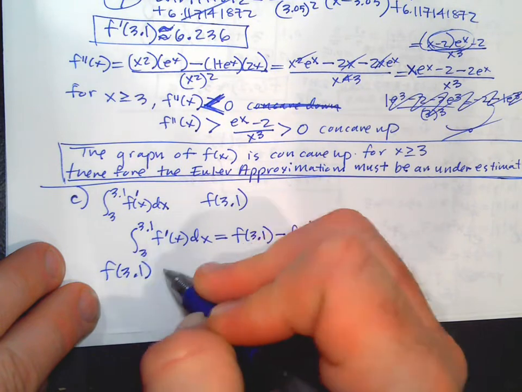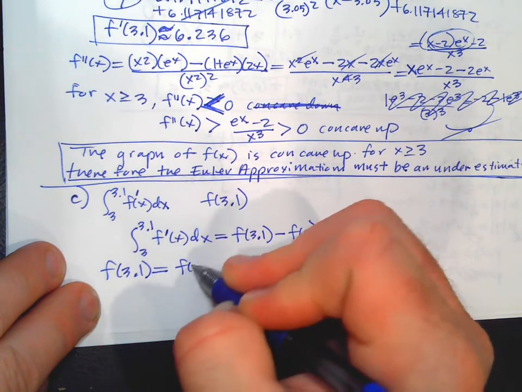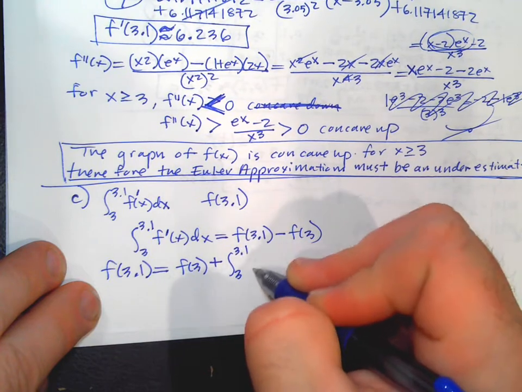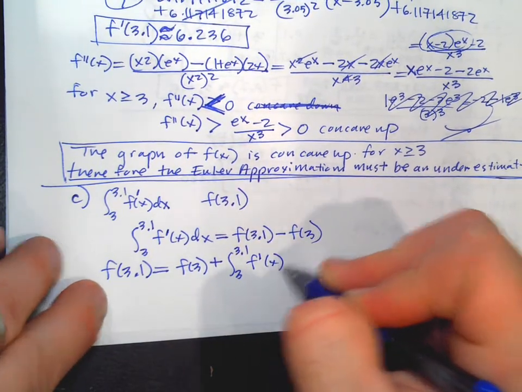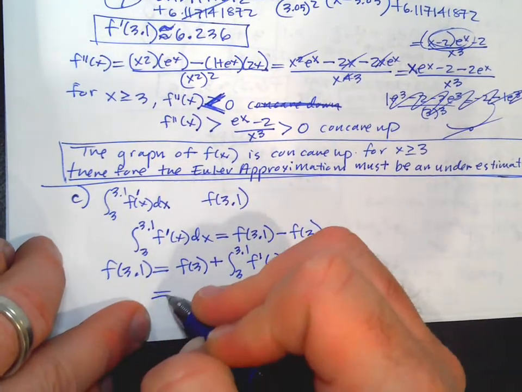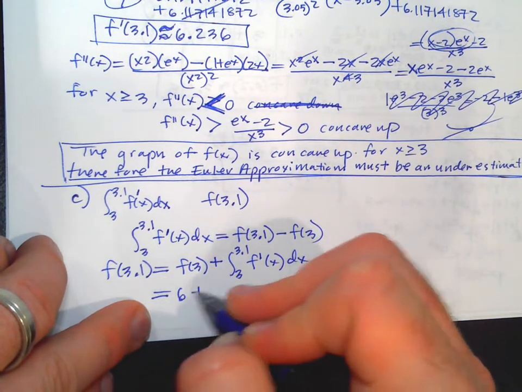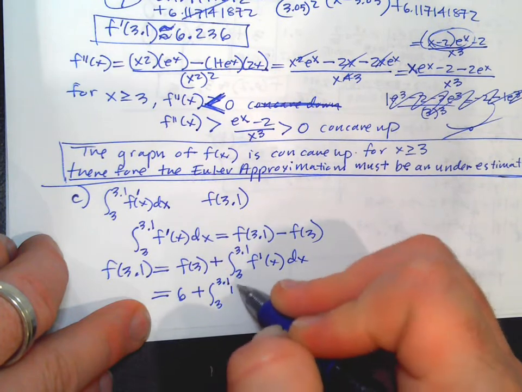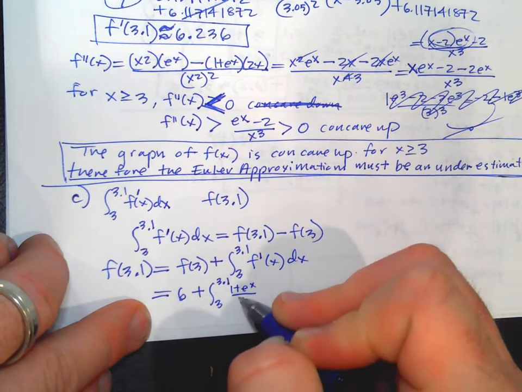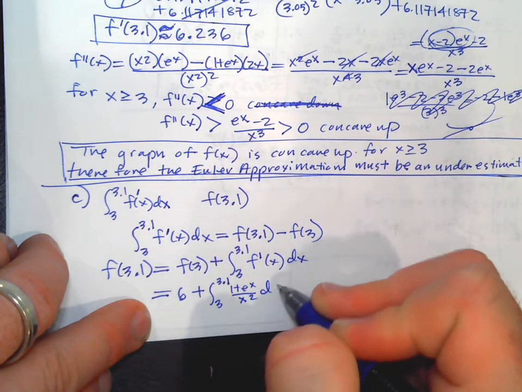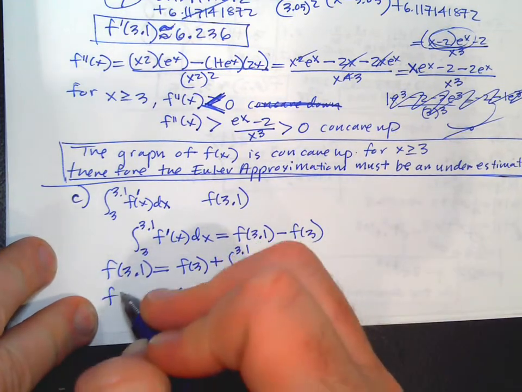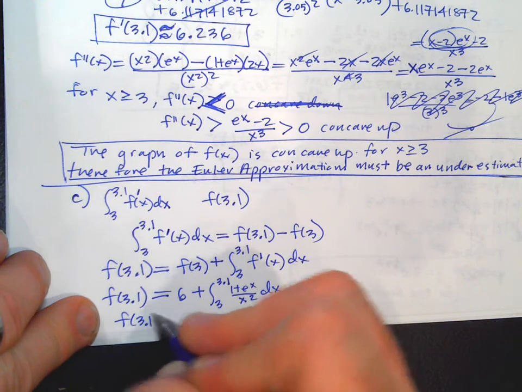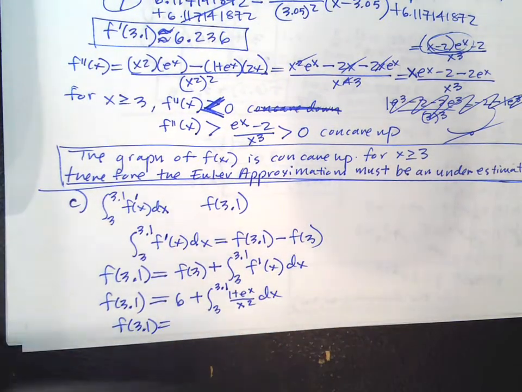Well, that's going to equal f of 3 plus the integral from 3 to 3.1 of f prime of x dx. And f of 3 was known, that was 6. We can do this on our calculator. And this is an exact answer. This is not an approximation technique.